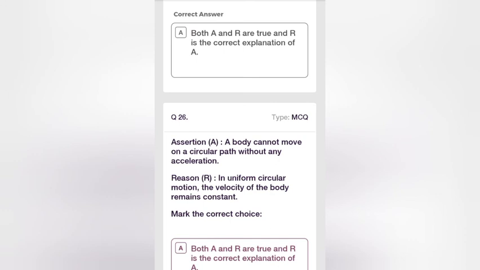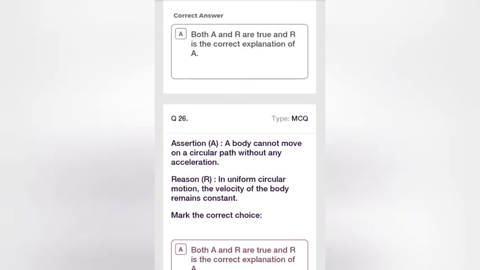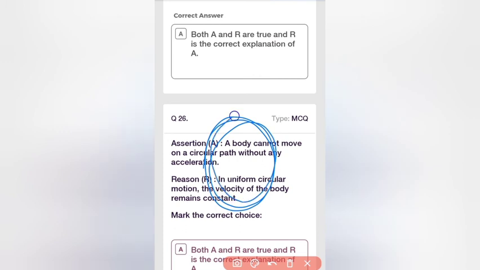Next question. A body cannot move on a circular path without any acceleration. See, without giving acceleration also, the body is able to move like this. Because once the object is here in a circular motion, it tends to move down and it moves as long as it is able to retain, so it will be able to move without acceleration also. That's right.